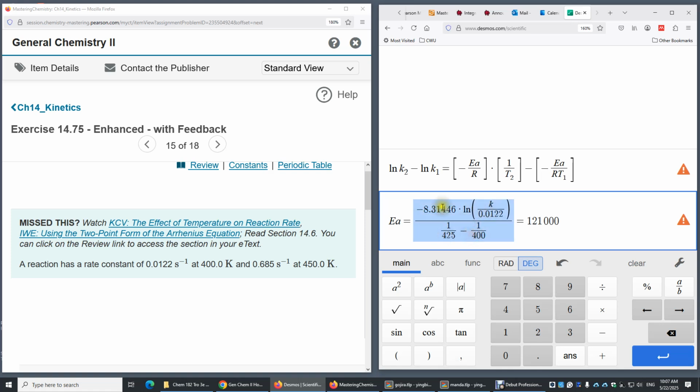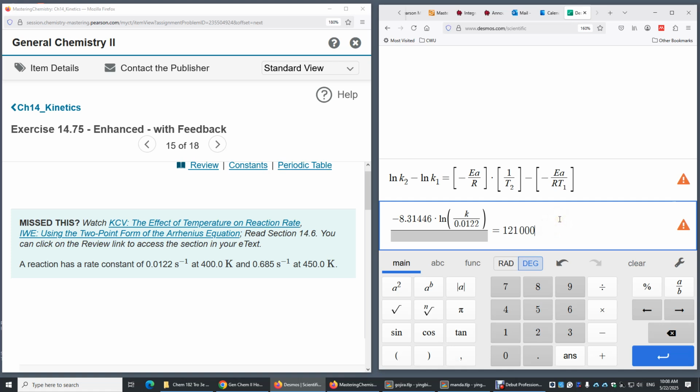This is how we get activation energy given two data points, and this is from part A. We solved the activation energy, which is 121,000. So based on this information, we just need to do this, and then divide it by negative R. That's going to be this part.